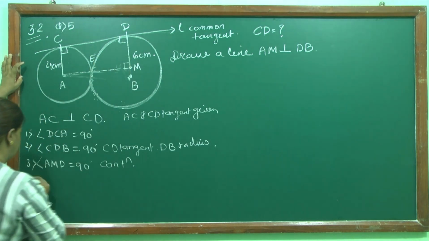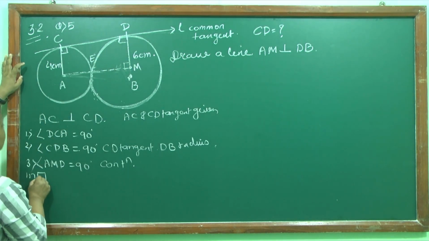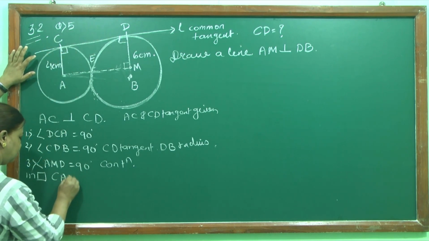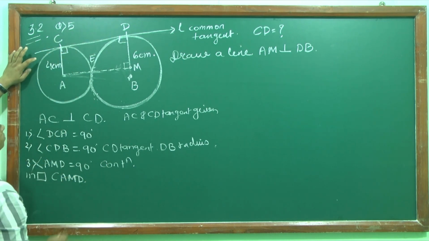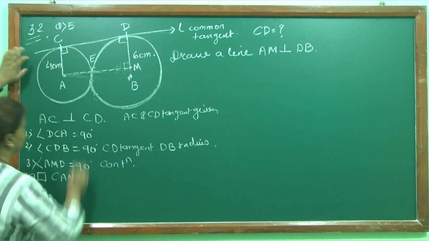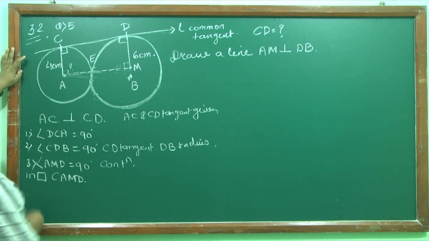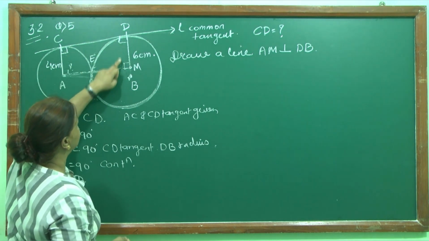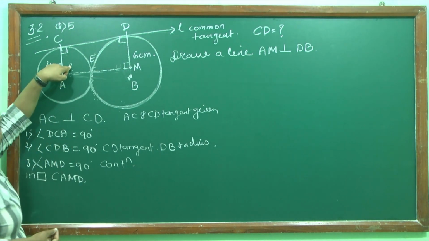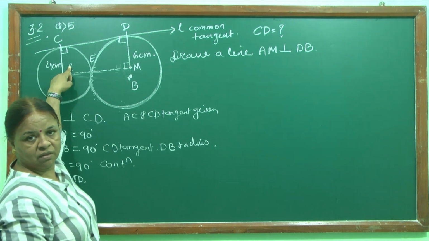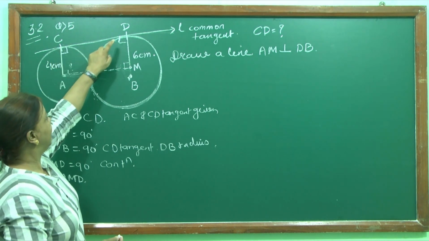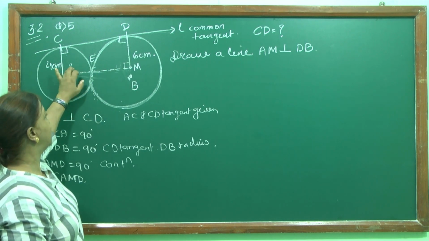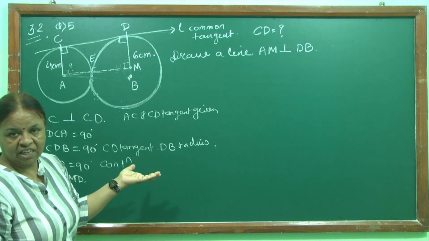So in this quadrilateral CAMD, if I add all the angles, I can get this angle. See, like that also you can see this is 90, this is 90, this is 90. So fourth angle will be equal to 90 degree. 9 2s are 18, 9 3s are 27, 270 degree, and plus 90 will be 360 degree.